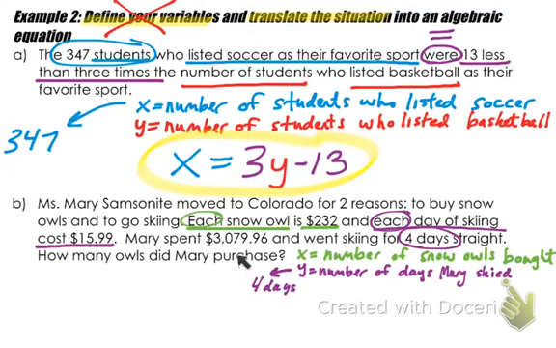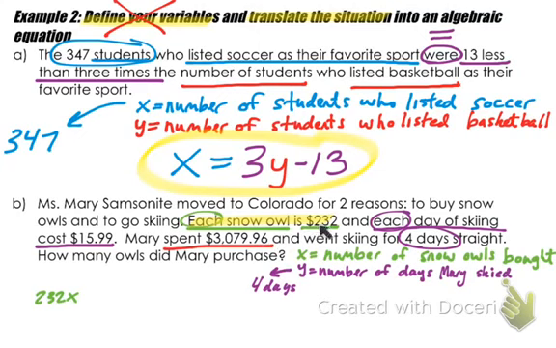Okay, to represent this situation, Mary going to Colorado and spending this much money either buying snow owls or skiing, well, the things that she did, she either bought snow owls or she went skiing.